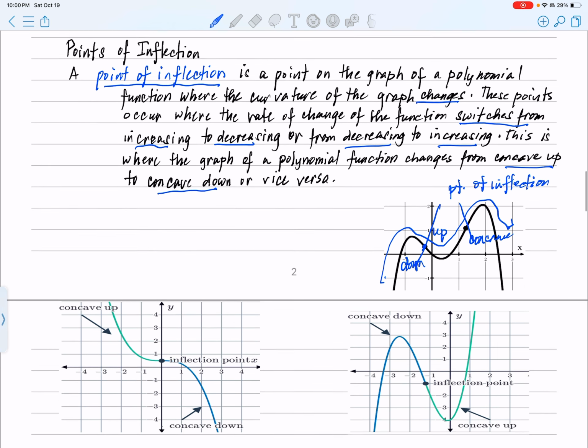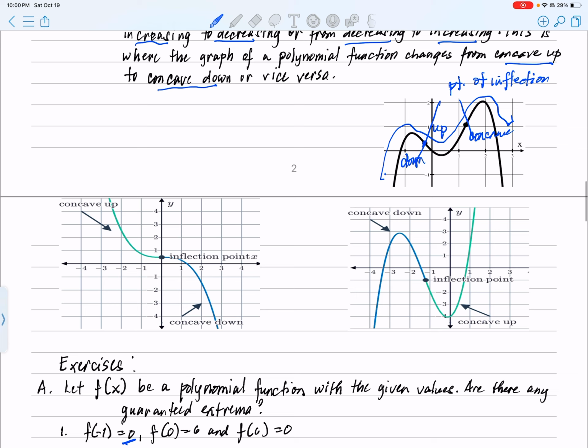All right. So right here, we could find our point of inflection. So this is facing up and this is facing down. So when there is a change from up and then it goes down, that point right there is what we call the inflection point or point of inflection. Here we have our point of inflection.